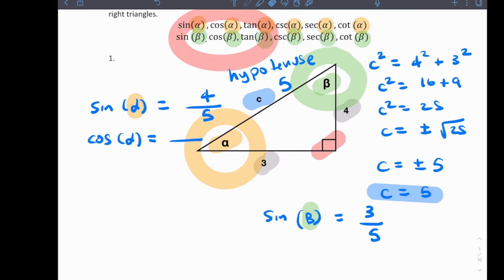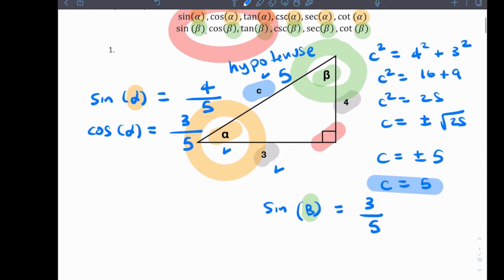What does adjacent mean? Next to. It literally means right next to. So if alpha's here, I got this side and this side that are right next to alpha. But one of them is called a hypotenuse. The hypotenuse never changes. So the adjacent side is 3, hypotenuse is 5, and ladies and gentlemen, you've answered the question here. There's the ratio using the definition.